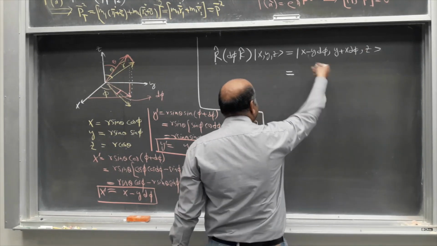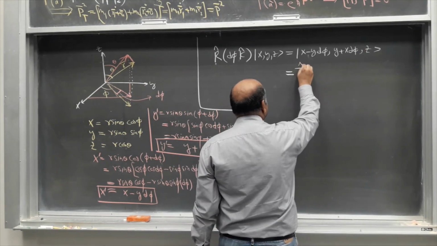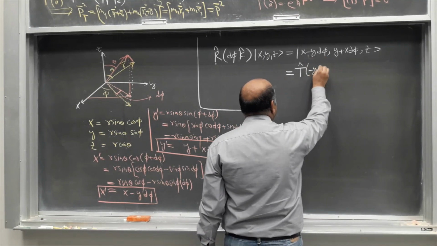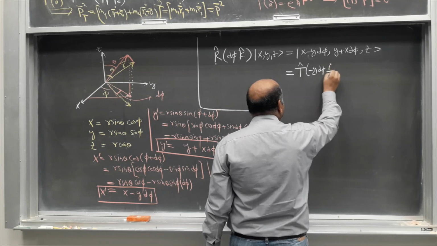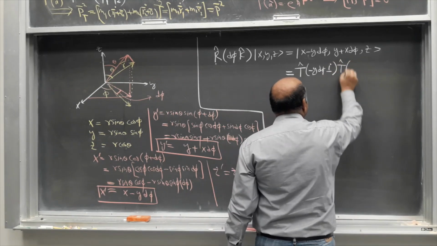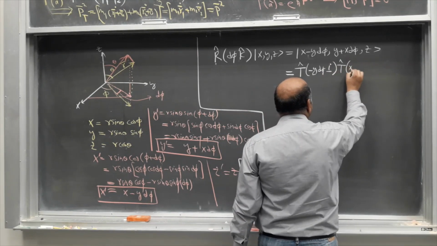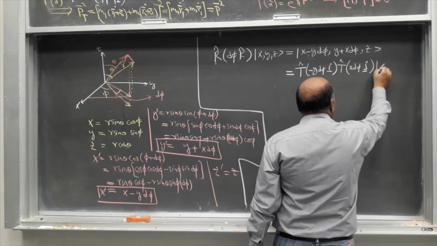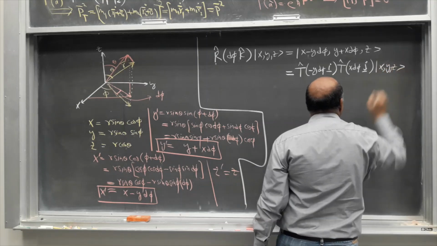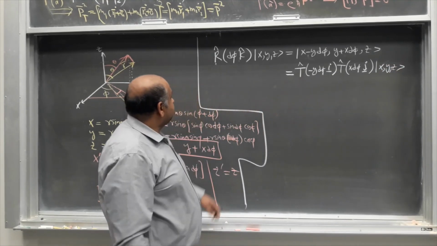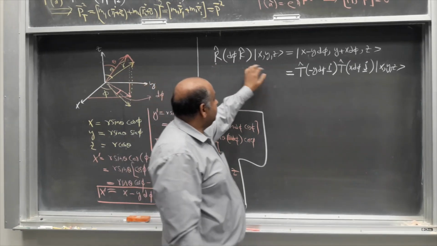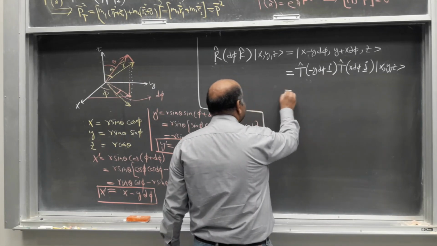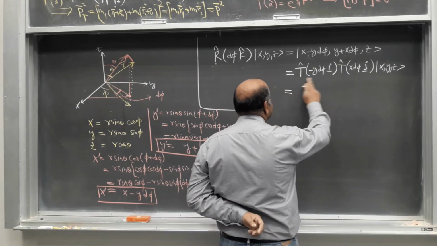So I can equivalently write it using the translation operator. Along the x-axis we have minus y d phi, and translation along the y-axis is by the amount x d phi, along the j unit vector, acting on x, y, z. So I can write this rotation operator in terms of two translation operators. Now I can use their generator form.